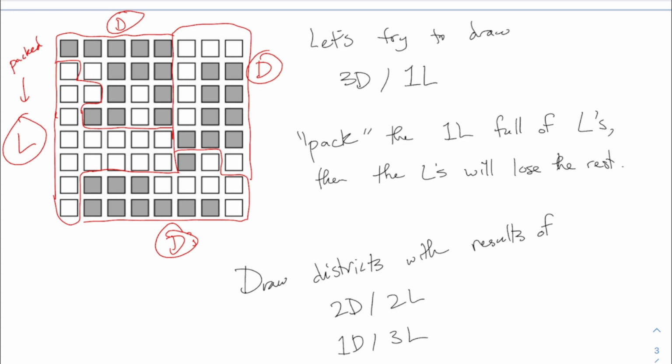Try to avoid making ties inside the districts. I want definitive answers every time.